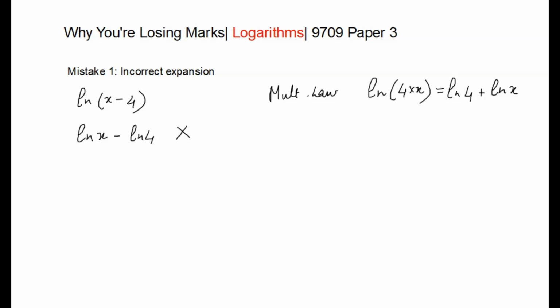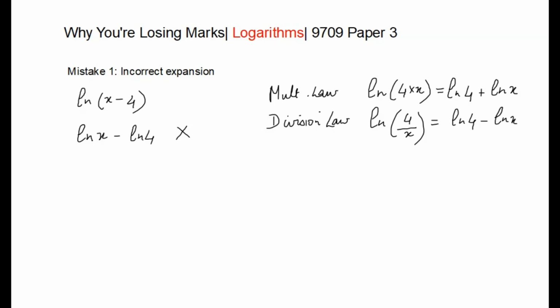And we have a division law, which says if you have a log of, let's say, 4 divided by x, you can split it up into log 4 minus log x.